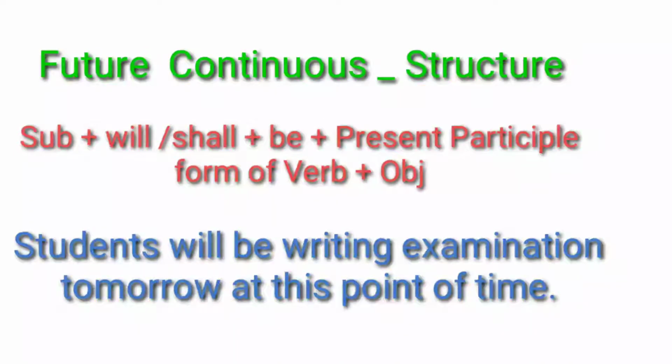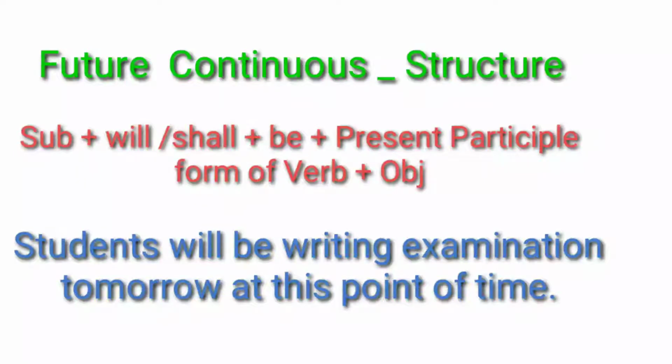So here it will go on in future only and it will be continuing in future at this point of time. For example, if you don't use the words at this point of time, if you use only tomorrow, students will write examination tomorrow. If you don't use tomorrow, what should be the structure?